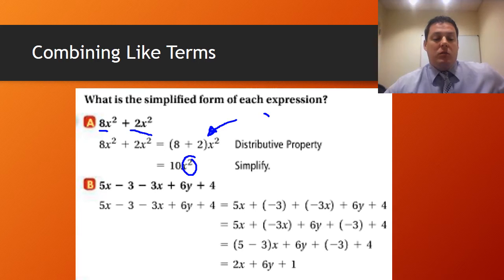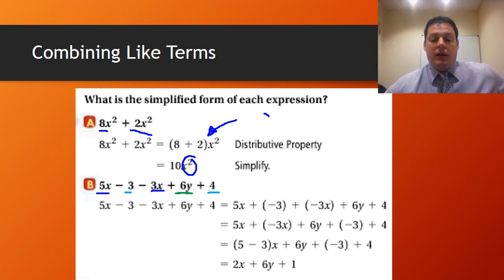If we look at the next one, we have a bunch of different things going on here. We may have apples, which are the x's. We may have bananas, which are the whole numbers, or the constants. And then we have oranges, which are the y's.